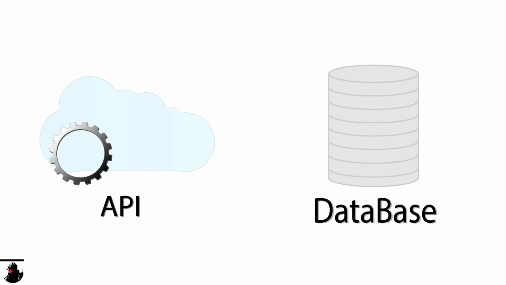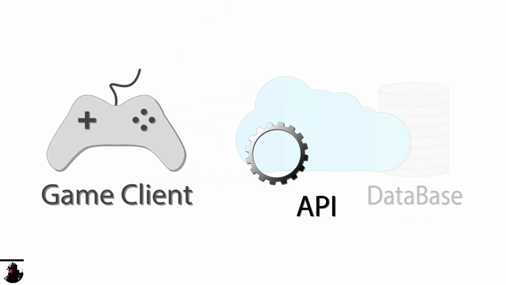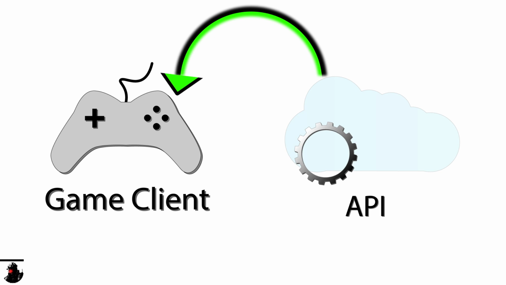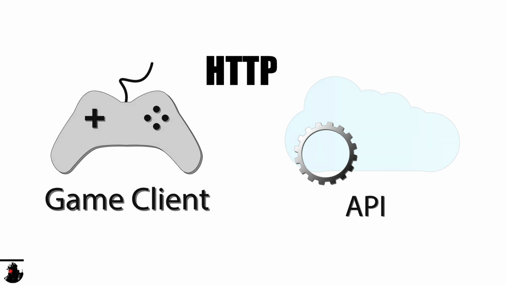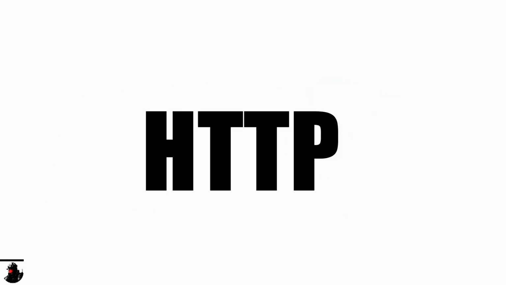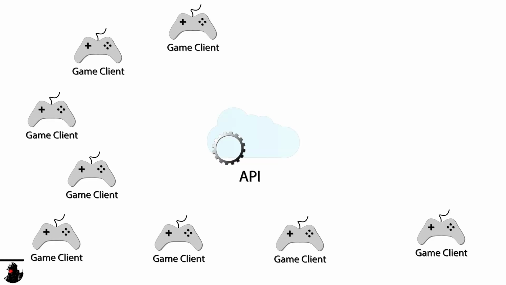The API translates this into a format your game client understands and sends it back to your game, showing you the new high score or level completion. In this way, HTTP acts as the backbone for communication in the gaming world, ensuring your achievements are recognized and stored correctly. But what happens when millions of players are doing the same?